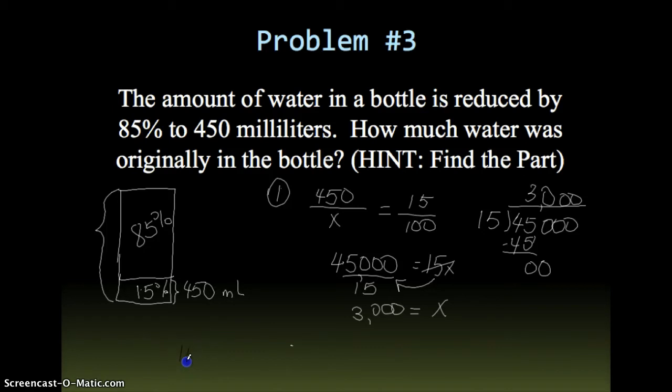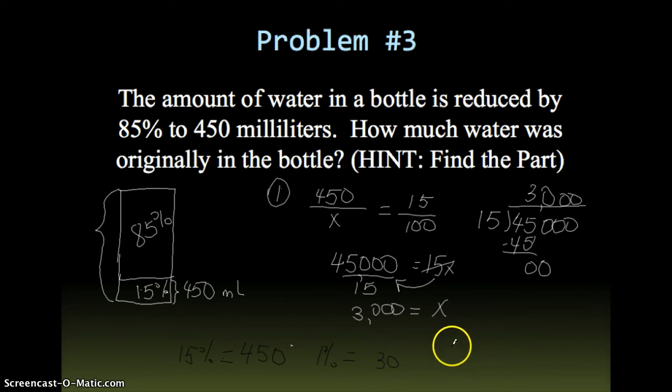If 15% is equal to 450, then that means for 1%, we can divide both of these by 15, then 1% is equal to, if we divide this by 15, we should get 30.